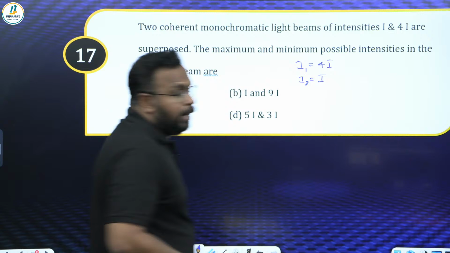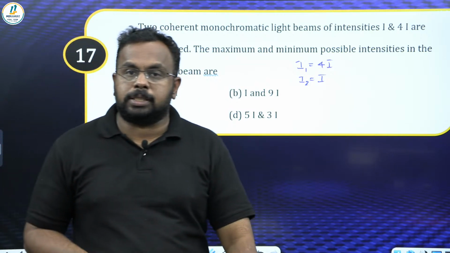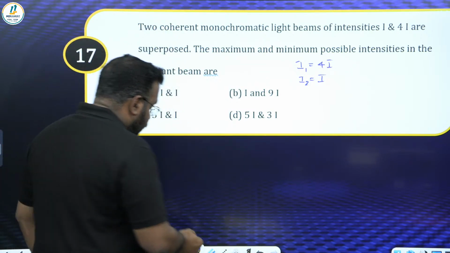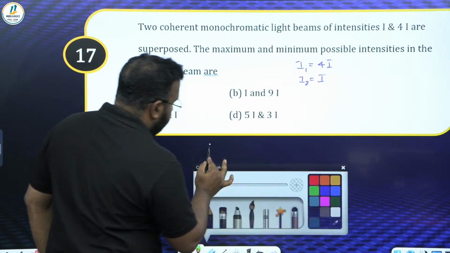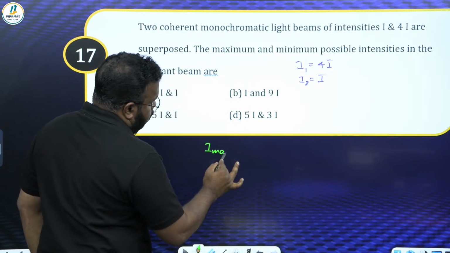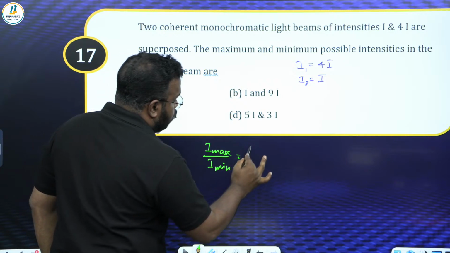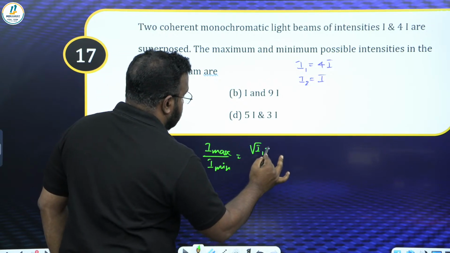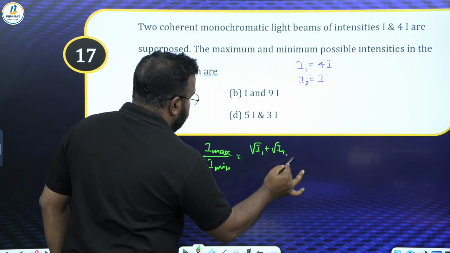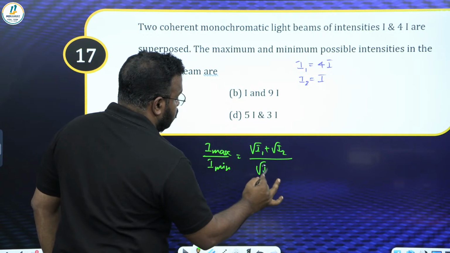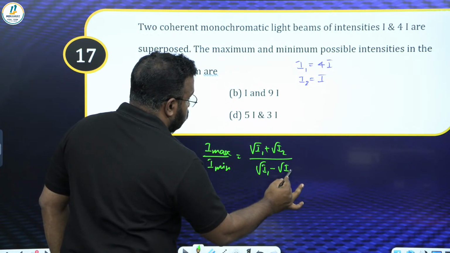Then what is the formula for the resultant intensity ratio of I max to I minimum? I max by I minimum is equal to root of I1 plus root I2 divided by root I1 minus root I2, the whole square.